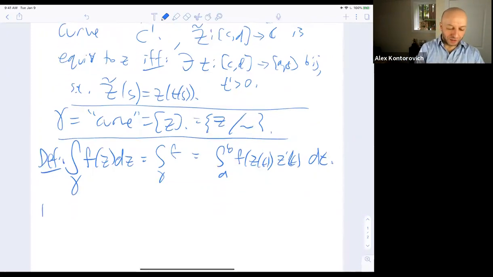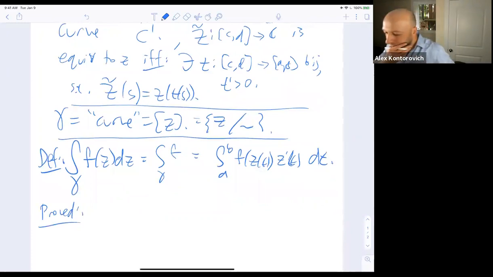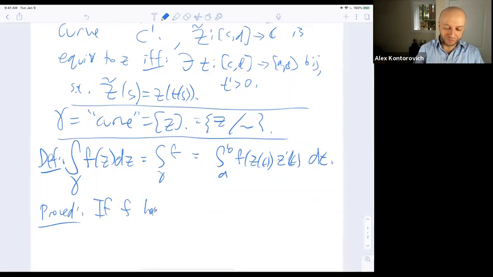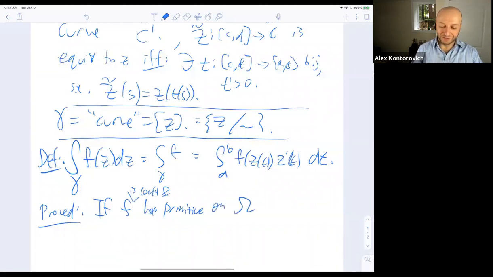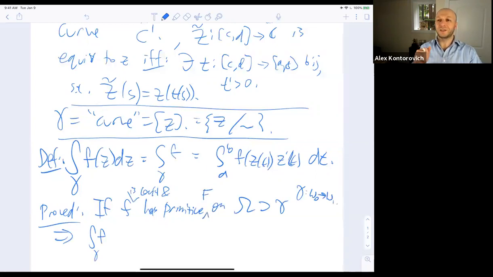And we proved, how far did we get? We proved that if f is continuous and has a primitive on omega, and gamma is a curve in omega, and gamma starts at w0 and ends at w1, I'm sort of misusing notation, then the integral of f over gamma, let's call the primitive capital F. Primitive means?